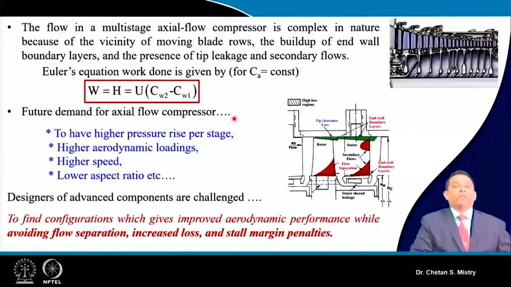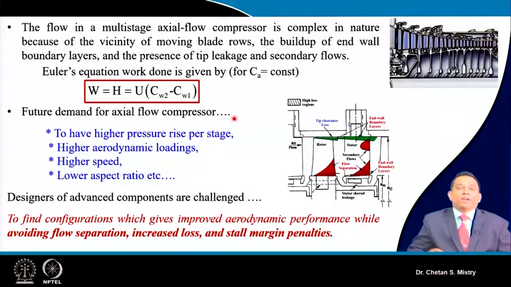What we know is we have a multi-stage axial flow compressor in which, because of the rotation of the wheel, we have growth of boundary layer near the end wall region, the presence of tip leakage flow, and the presence of secondary flow. All this makes my flow through the axial flow compressor very complex and three-dimensional.